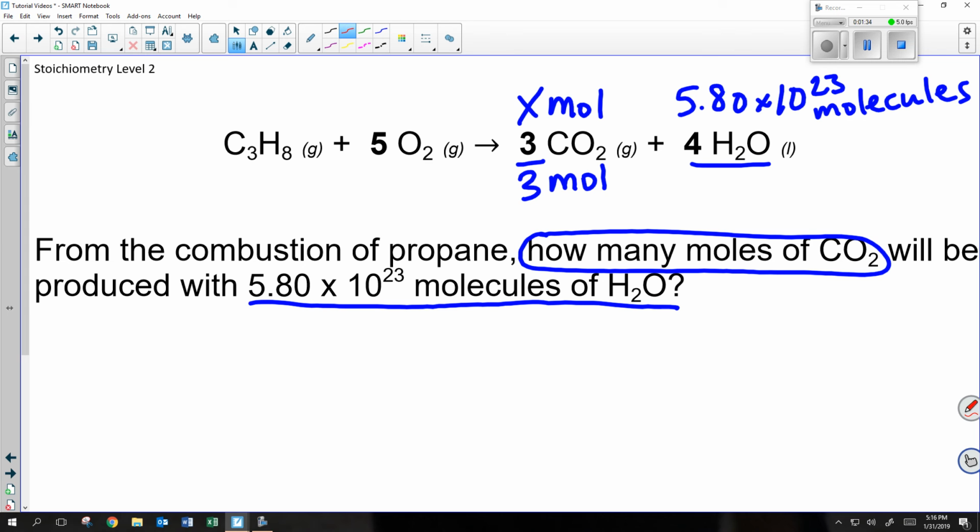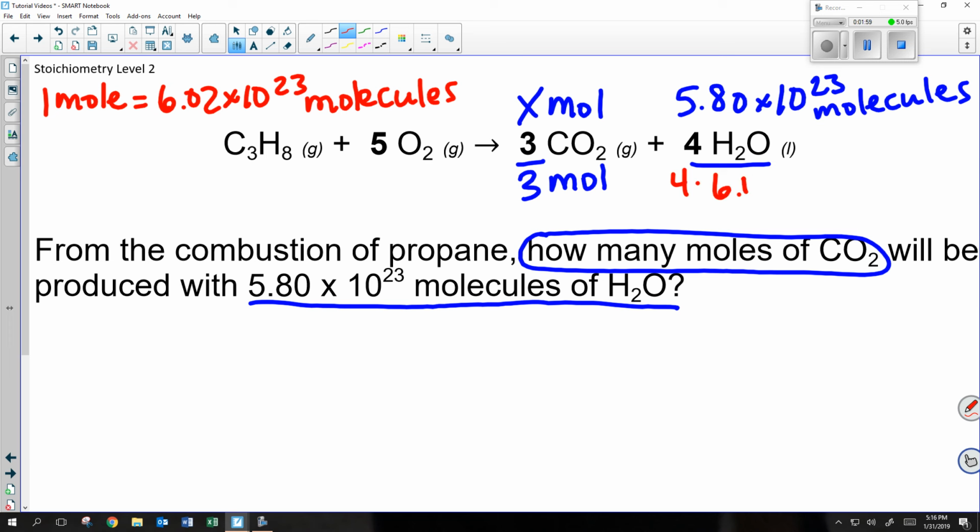So I need to determine how many molecules are in 4 moles of H2O. Well, we know that 1 mole equals 6.02 times 10 to the 23rd molecules, and that represents Avogadro's number. So if 1 mole equals 6.02 times 10 to the 23rd molecules, we can work out that 4 moles is going to be 4 times 6.02 times 10 to the 23rd.